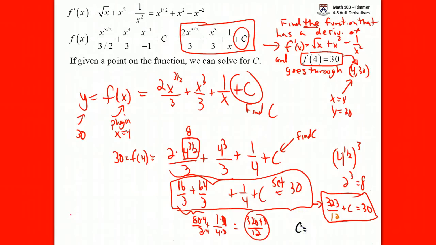So C is 30 minus that fraction. 30 times 12 is 360. When you subtract from 360, you get the numerator. C is that over 12.